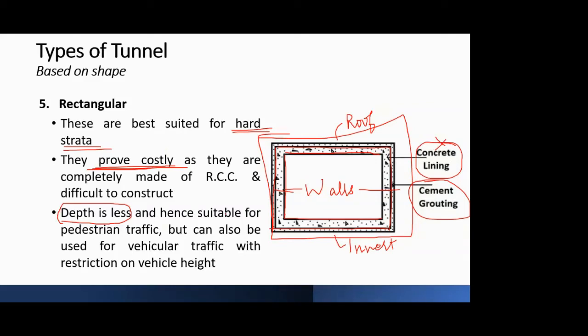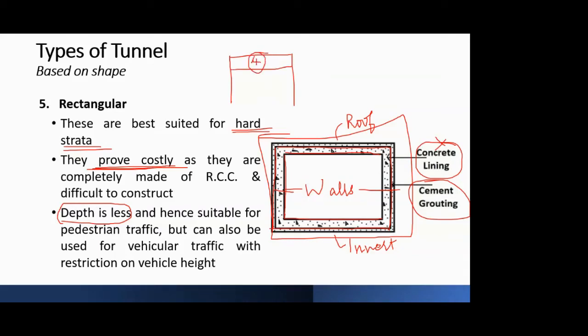Even the grade separators in the PCMC area, you can say they are a kind of tunnel, but I told you it's not actually a tunnel, it's an underpass. But if you consider that as a tunnel as well, the depth is not much, and that's why many times there is a height restriction at the entry itself. There is a barricade at the entry level specifying the height.